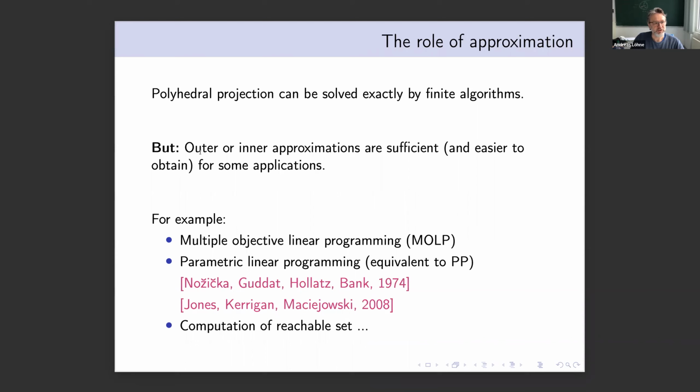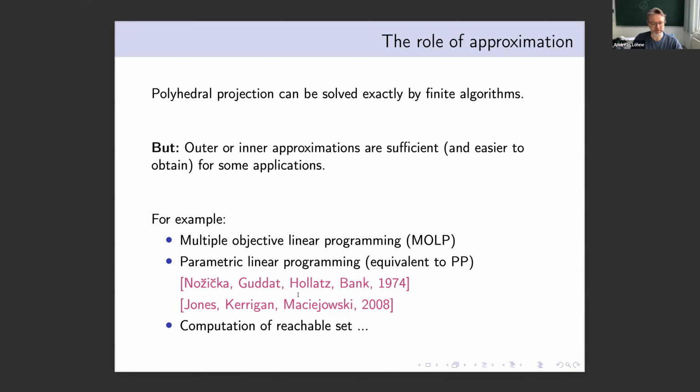And for some applications, approximations of these polyhedra are already sufficient. Multiple objective linear programming is one example. Another example is parametric linear programming. This is also equivalent to polyhedral projection and to multiple objective linear programming and so on.